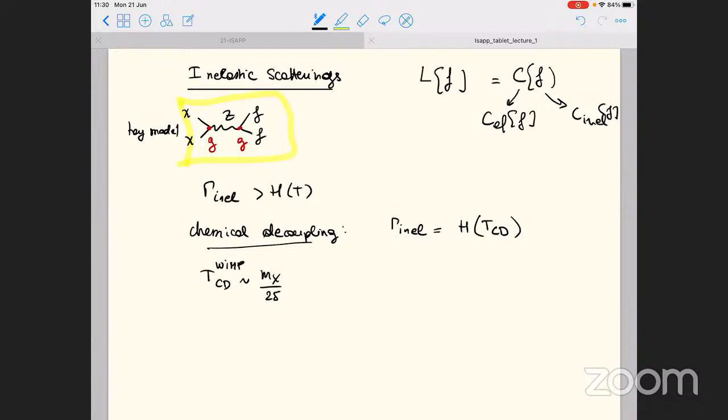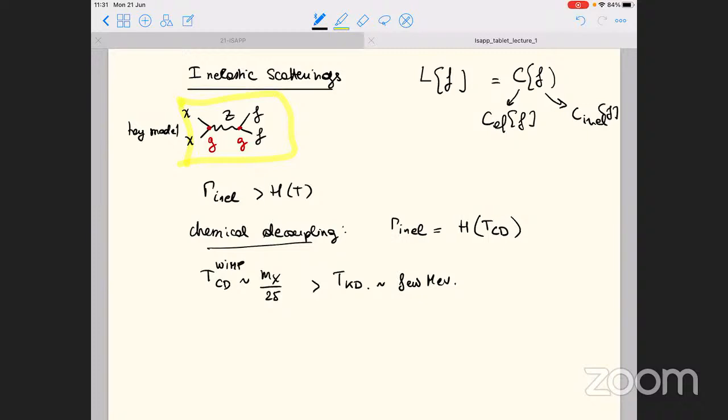I usually have a temperature of chemical decoupling that is larger than the temperature of kinetic decoupling. For a 100 GeV particle, you have 100 divided by 25, a few GeV, while the kinetic decoupling temperature, remember, was a few MeV. So for a WIMP, I can usually assume that my particles are in thermal equilibrium while they decouple chemically from the bath, and that I'm going to be able to go through freeze out.